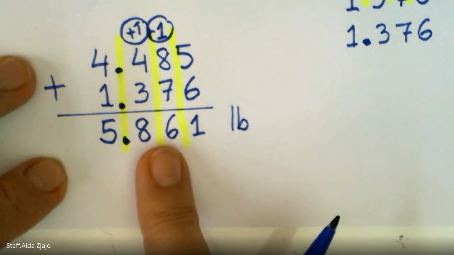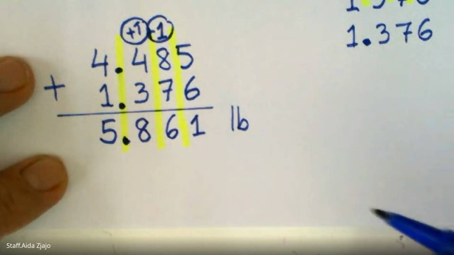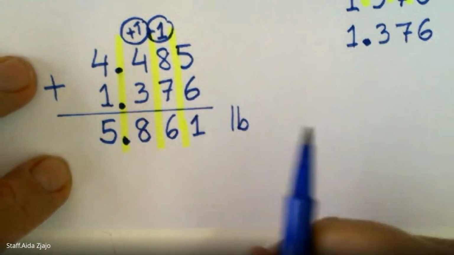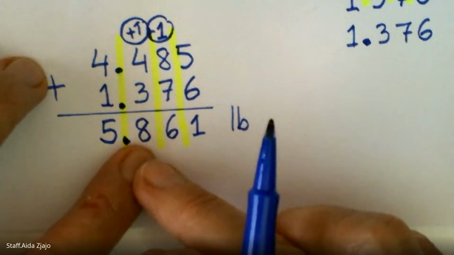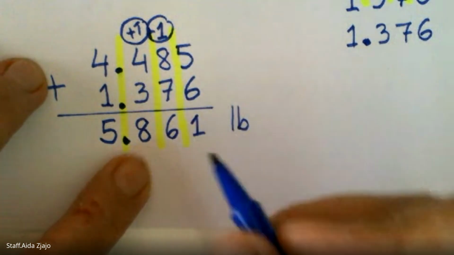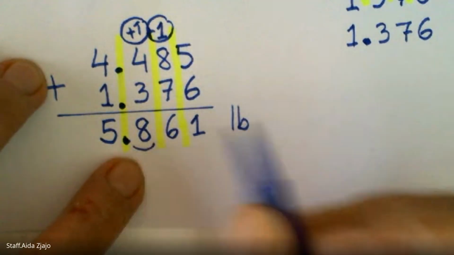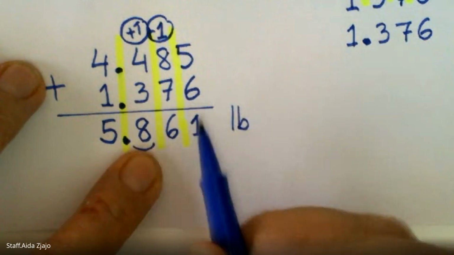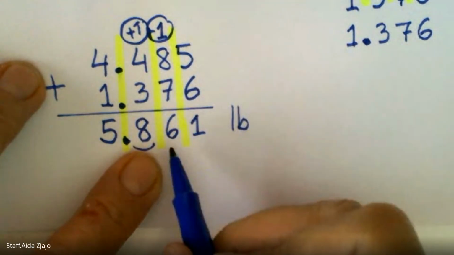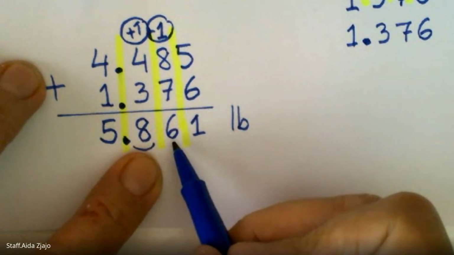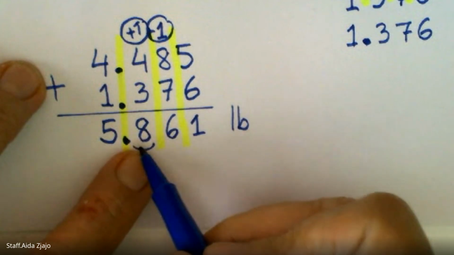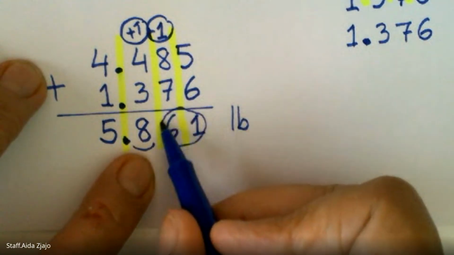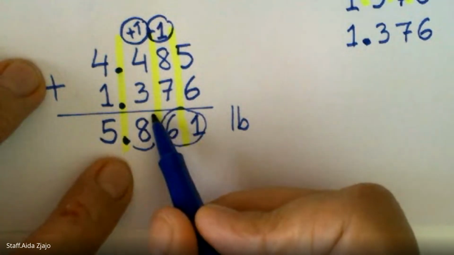So we could really make a rounding. So if we round to the nearest tenth of the pound, we could say that we have 8 tenths of a pound, and then 6 hundredths more. This is 6 hundredths, which is more than half of the tenth. So I can use this to create a new tenth.